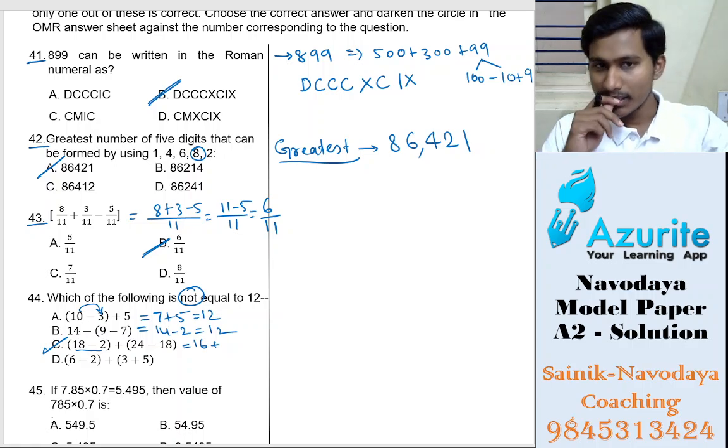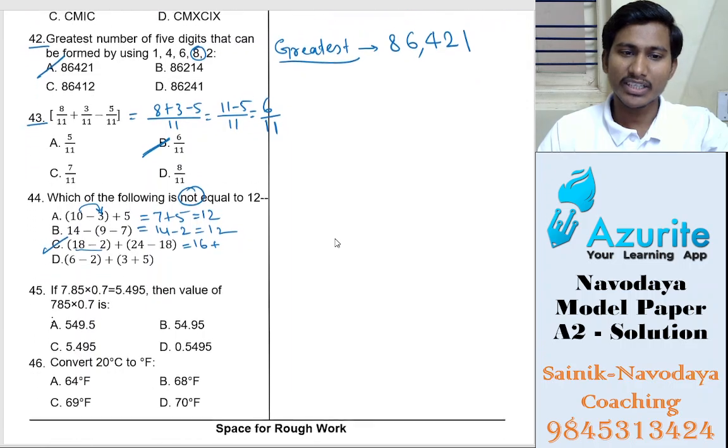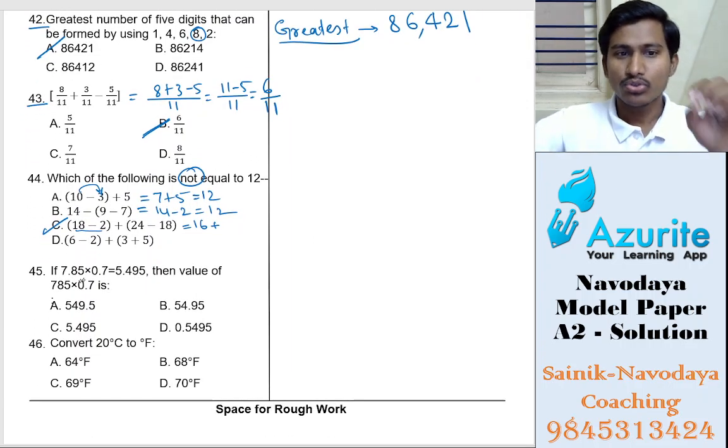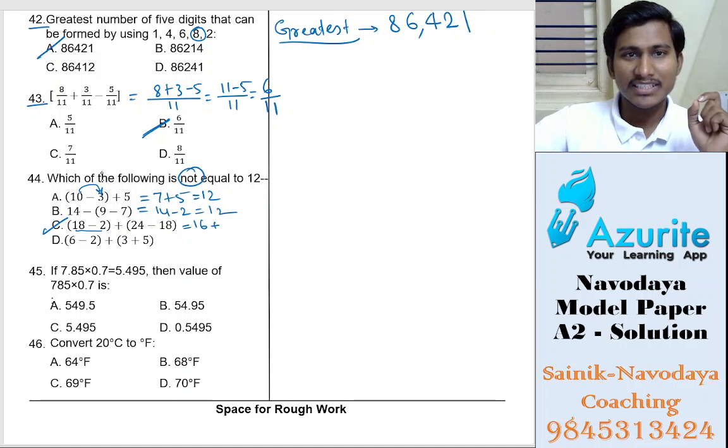So now let's go to the next, that is question 45, right? So if this is given, the value is given for this, right? So we have to find then the value of this. So what is given? 7.85 into 0.7 is 5.495, it is given.